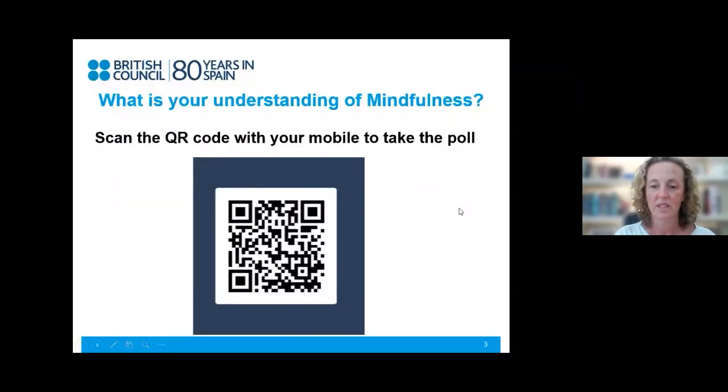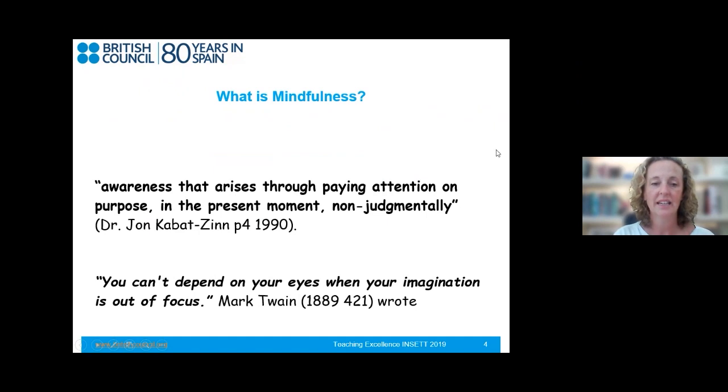So let's go into a bit more detail. And here are some official definitions, if you will. What is mindfulness? The first quote is from Dr. John Kabat-Zinn, who is the guy who westernized mindfulness, introduced it to the Western world, and he describes it as the awareness that arises through paying attention on purpose, in the present moment, non-judgmentally.